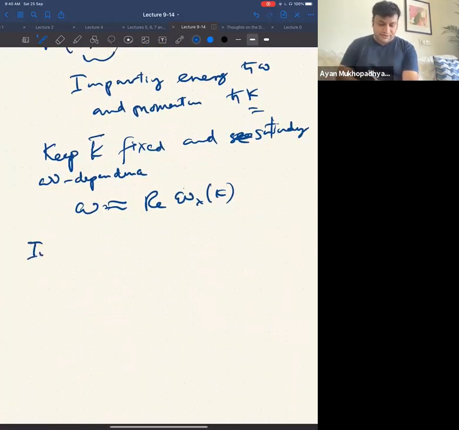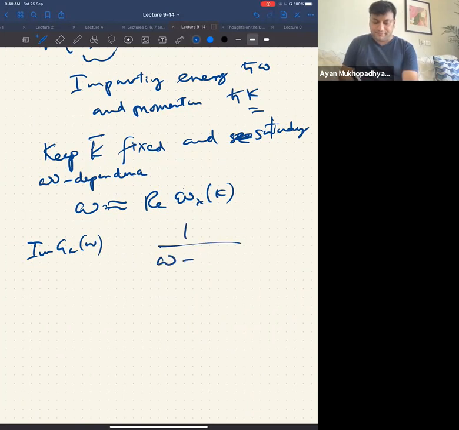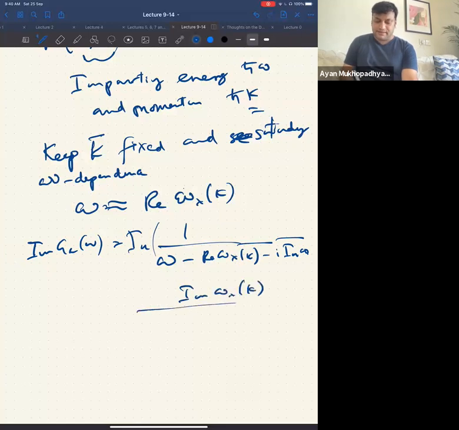And if you plot the imaginary part of G^R(omega), it simply comes from the fact that if you take omega minus real omega star(k) minus i imaginary omega star(k), how it will look if I take the imaginary part of this, it will look like imaginary omega star(k) divided by (omega minus real omega star(k)) whole squared plus imaginary omega star(k) squared.